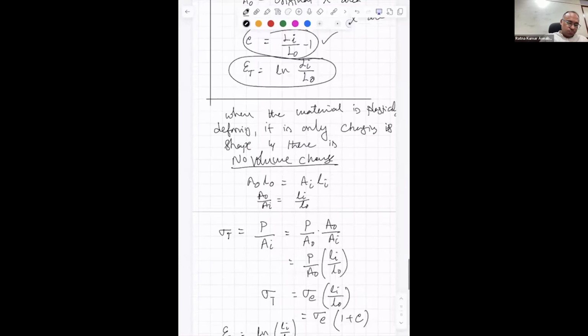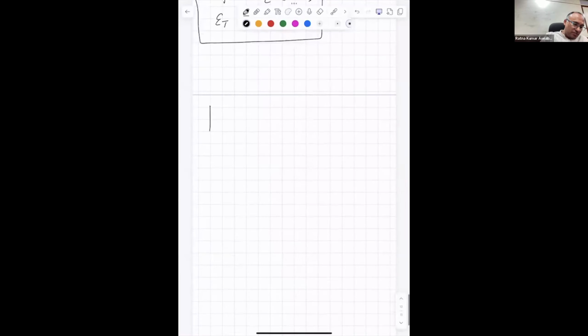Now, let us look at the stress strain curve once again. Stress versus strain, sigma T, sigma E, engineering stress versus engineering strain.